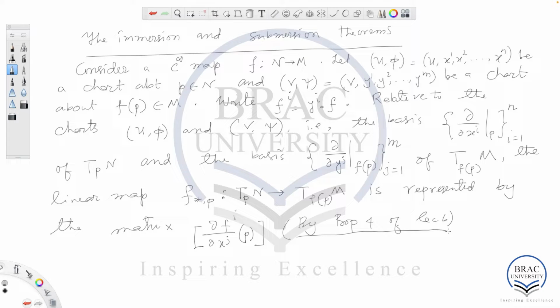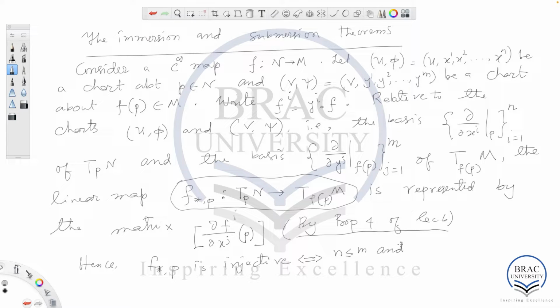Hence F_{*,p}, this linear map here, is injective. This statement is equivalent to the fact that n is less than or equal to m. We know it from our previous discussions.